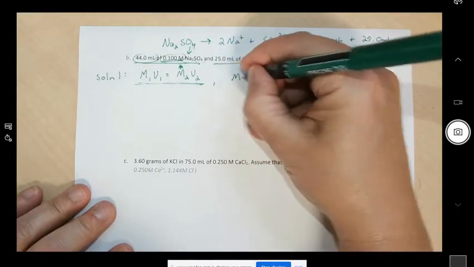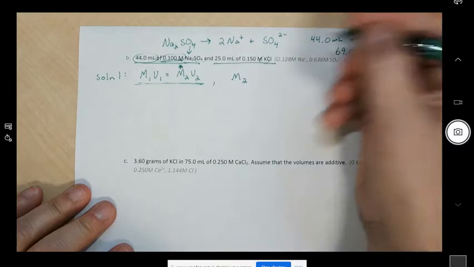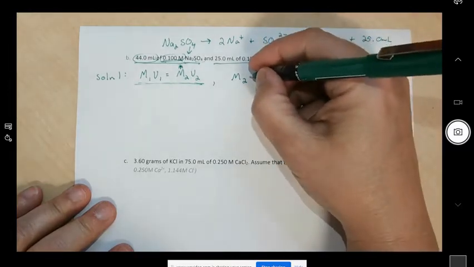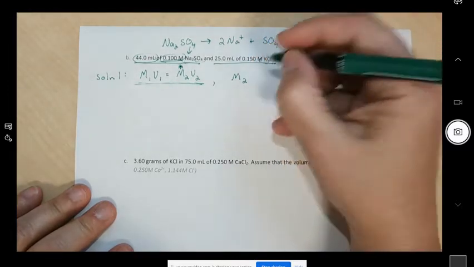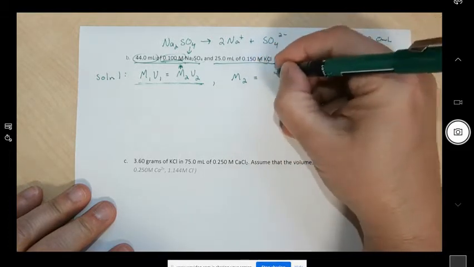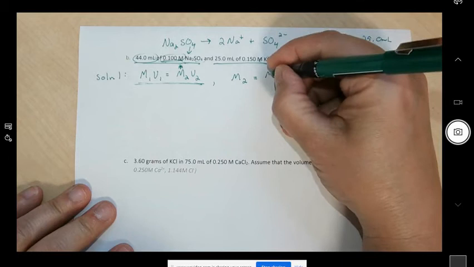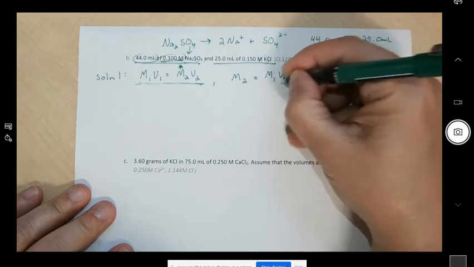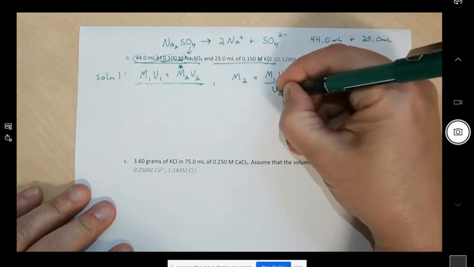I'm going to solve for my new molarity for my sodium sulfate. My new molarity is really going to be M1V1 over V2.